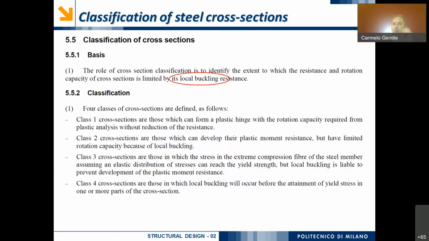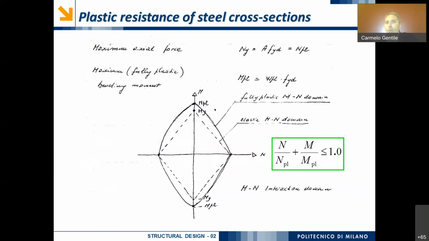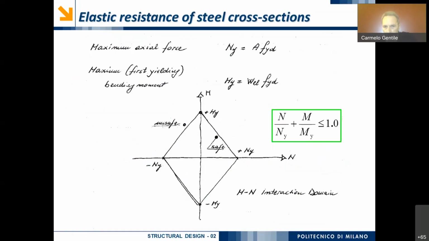So we have cross-sections in class 2, which can develop their plastic moment resistance, okay? Which means that it is possible for this kind of cross-section basically to obtain the fully plastic bending moment, but there is no possibility of having a large rotation due to the intervention of the buckling phenomenon.